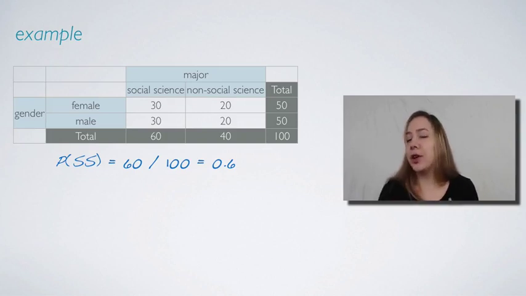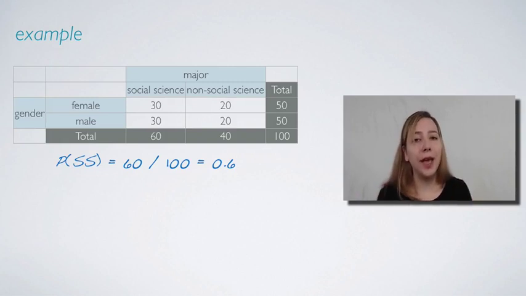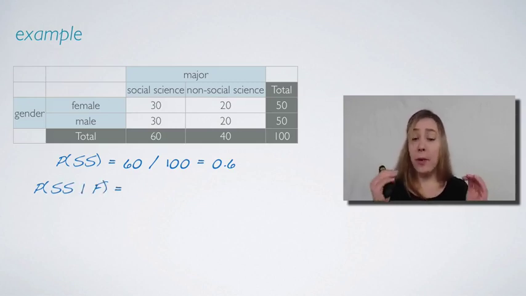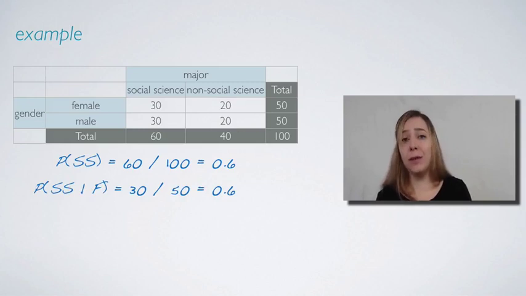Now let's condition on gender. What is the probability that a randomly selected female student is a social science major? Well, we have 50 females in the class and 30 of them are social science majors. So probability of social science given female is going to be 30 out of 50, 60% as well.